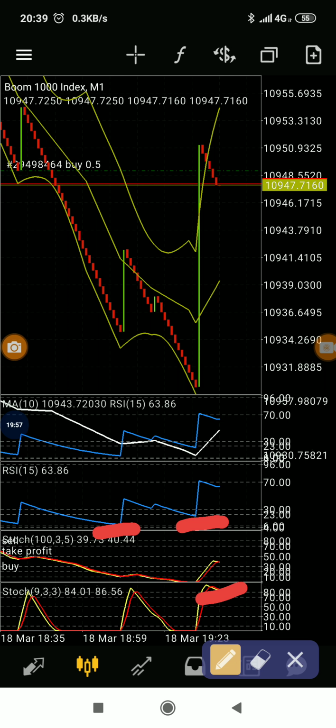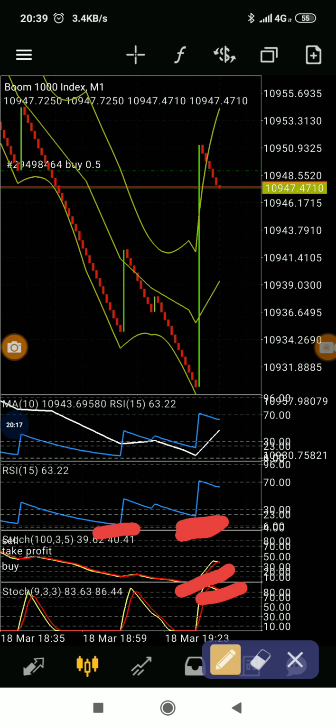But in as much as the RSI is below level 23 and stochastic 100 is below 20 or 30, it's an indication that it's a change of trend. You can see also the moving average 10 is below level 23.